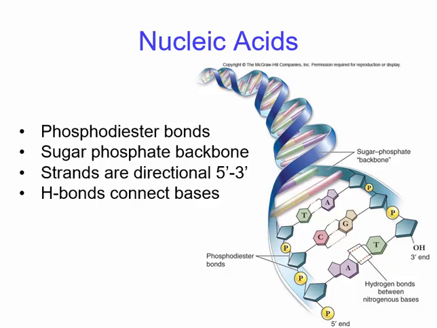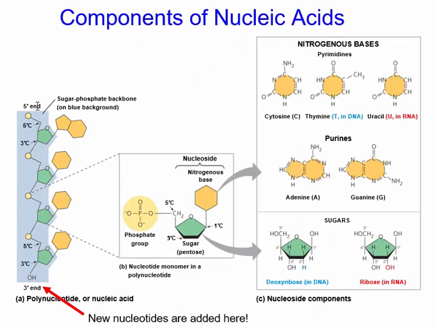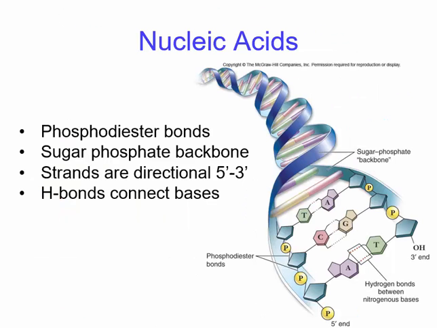So they go from 5' to 3'. Let me go back here. It has a 5' end and a 3' end, so they're not symmetrical. And if we fold RNA or put two strands of DNA together, they're held together by hydrogen bonds across the nucleotide bases.